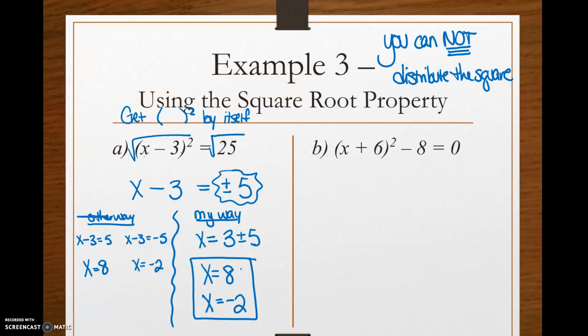Okay, what should we do first in B? Plus 8. So we have x plus 6 squared equals 8. Now we can square root both sides. What is the square root of 8?